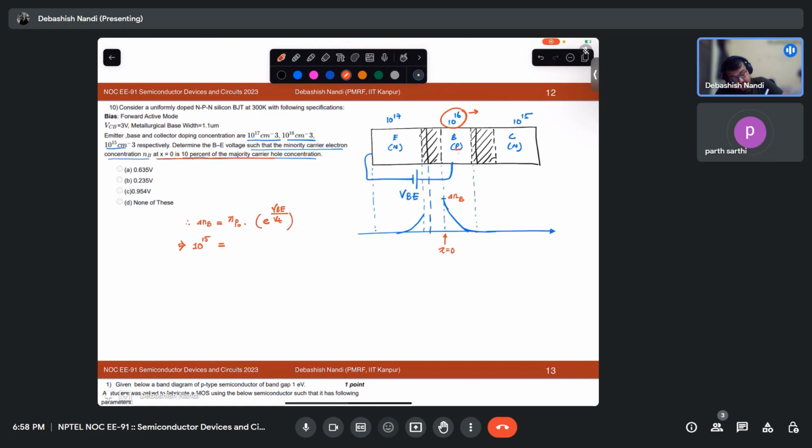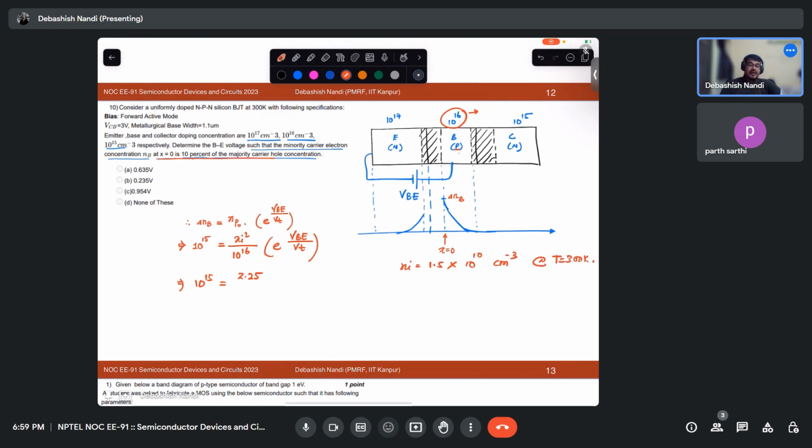So 10 raised to 15 is equal to, and what is your NP0? It is nothing but Ni square over 10 raised to 16 times e to the power VBE over VT. Your Ni is equal to 1.5 times 10 raised to 10 at T equal to 300K.